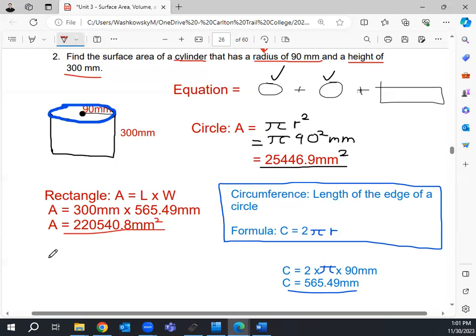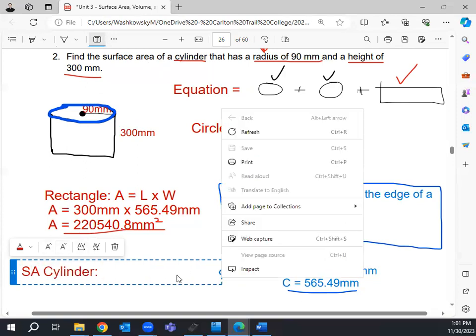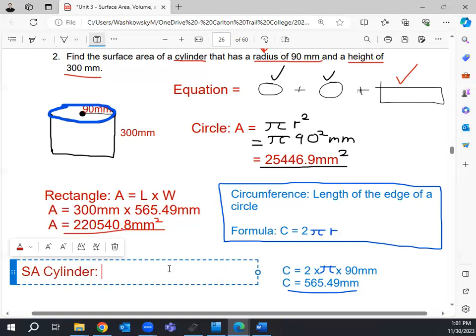And I'm going to underline that. That's an important number. So I now have my three ingredients to figure out what it's actually asking me. I want to find the total surface area of the cylinder. Well, the total surface area, as we did at the very top, is circle plus rectangle. So the surface area of the cylinder is just going to be circle plus rectangle.